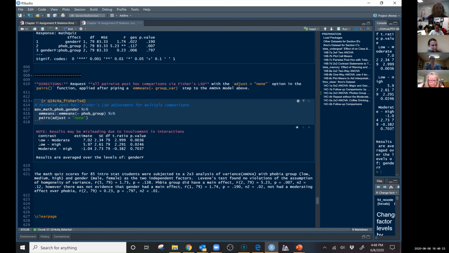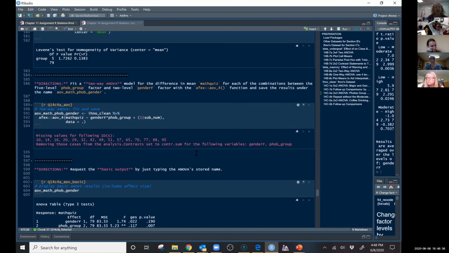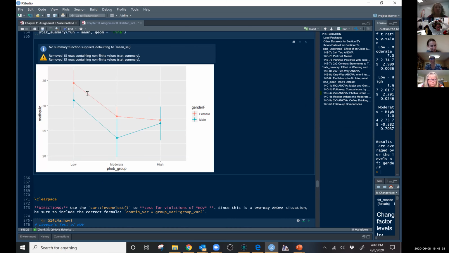And what do we find here? Low versus moderate? Different. Low versus high? Different. Moderate versus high? Not different. It helps to go back and look at the plot. Low is different than both moderate and high, but moderate and high are not different from each other.